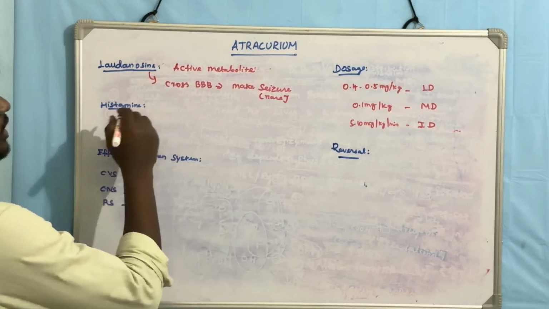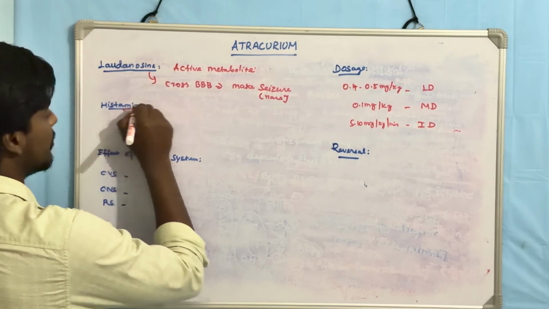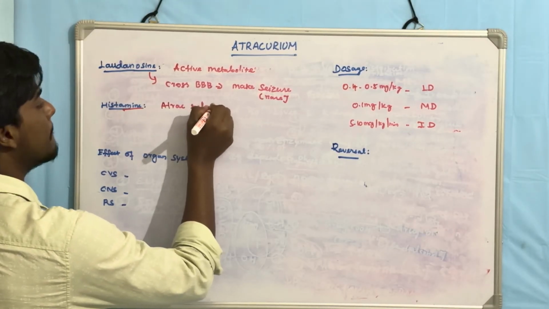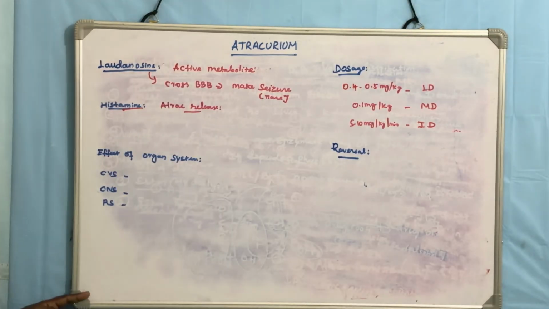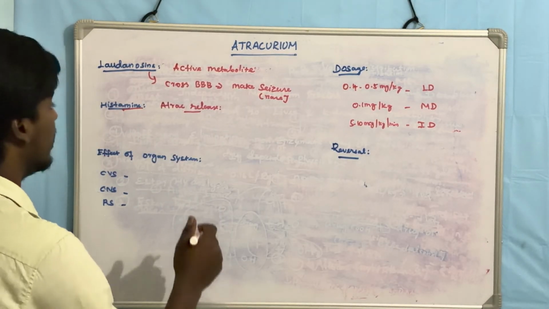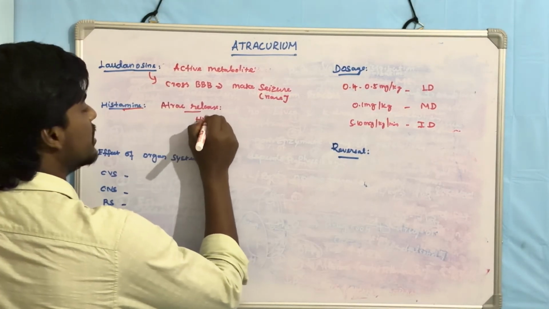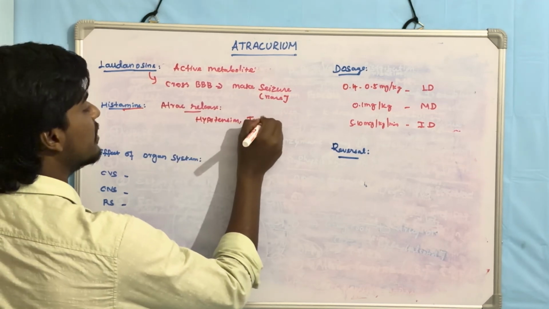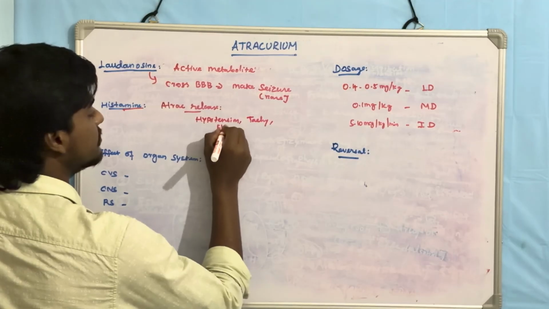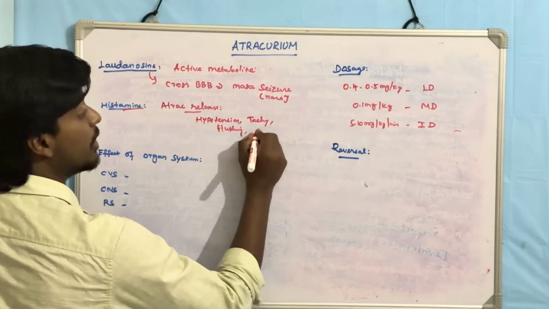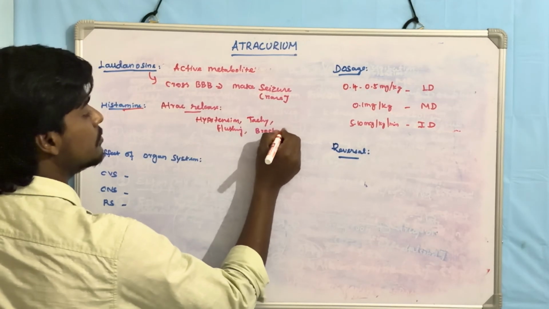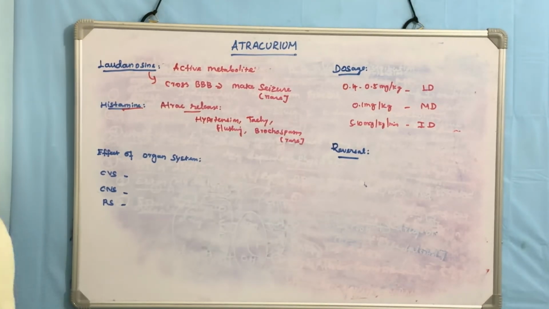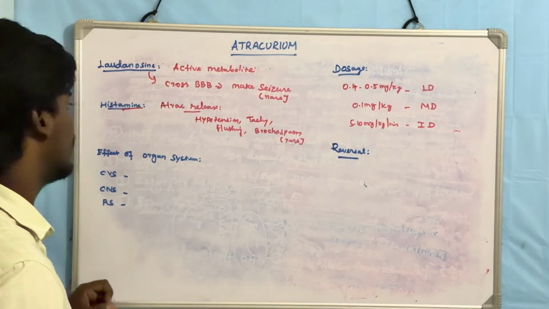And Atracurium releases histamine. This histamine is a bad guy. It produces hypotension, tachycardia, flushing, and sometimes bronchospasm also. It's a rare thing.